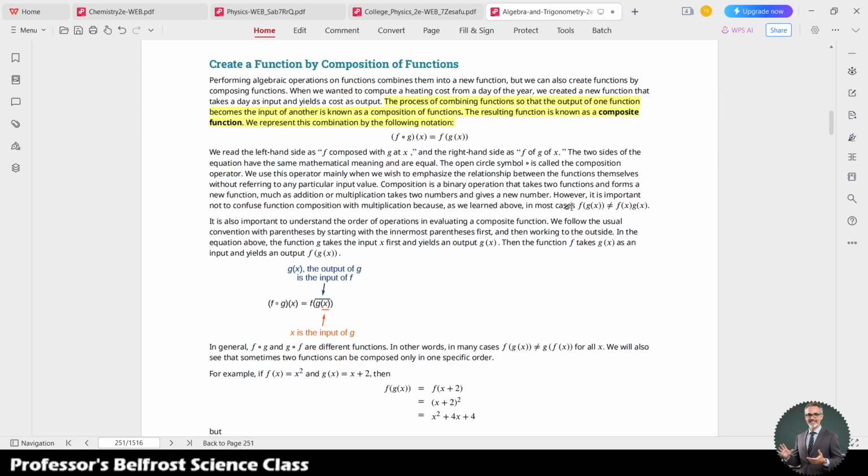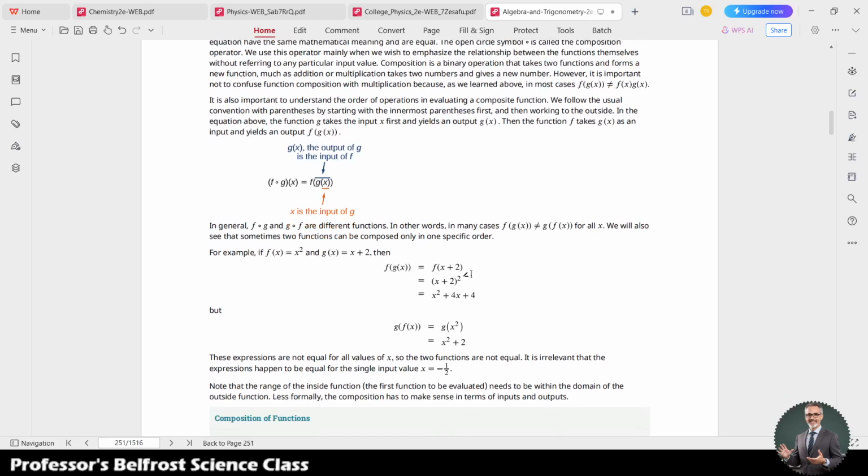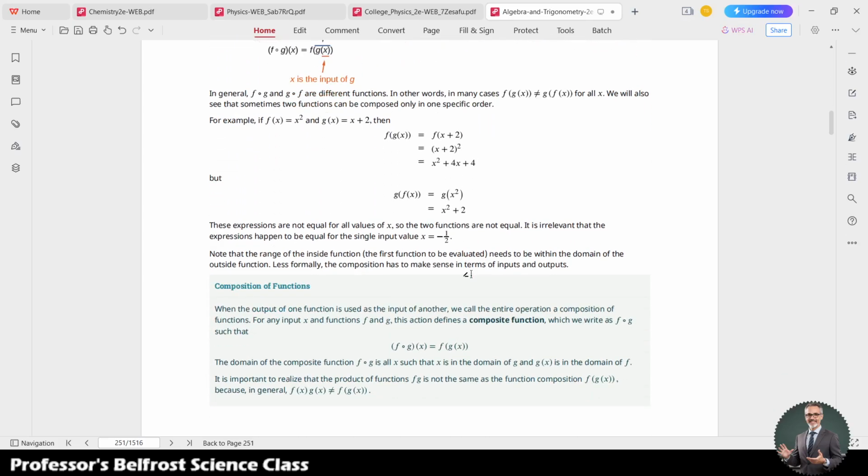But you need to notice that f(g(x)) is not equal to f(x)g(x), okay? This is the example. If f(x) equals x squared and g(x) equals x plus 2, then f(g(x)) is (x + 2) squared.